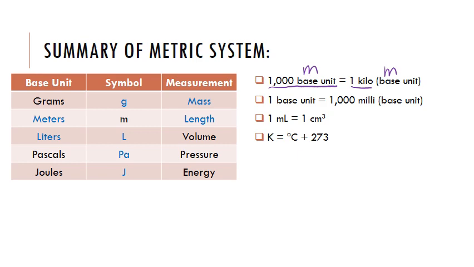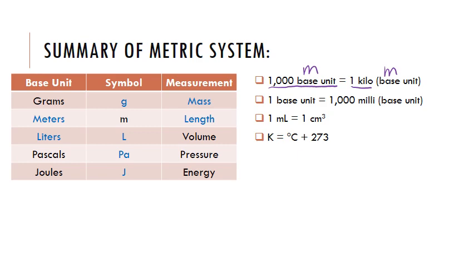So if we took 1,000 meter sticks and lined them up end to end, that would equal the same distance as 1 kilometer. So like I said, instead of changing the whole word, we're just adding a prefix to the front.